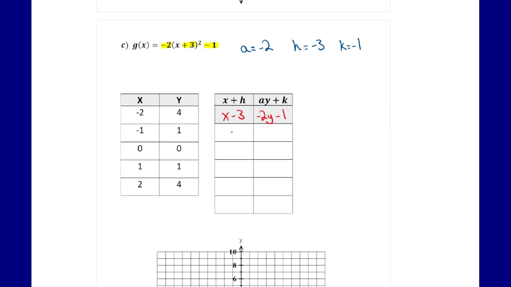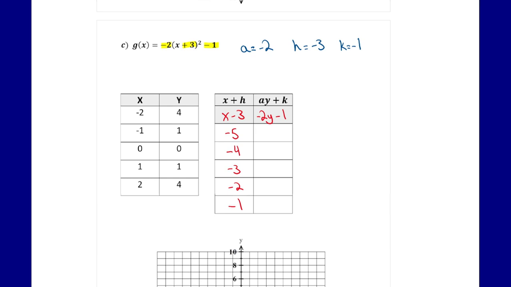So -2 minus 3 is -5. We have -4, -3, -2, -1. For 4, but now I can find my y value.